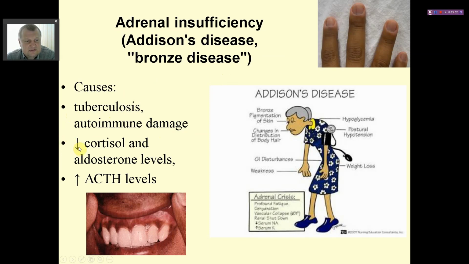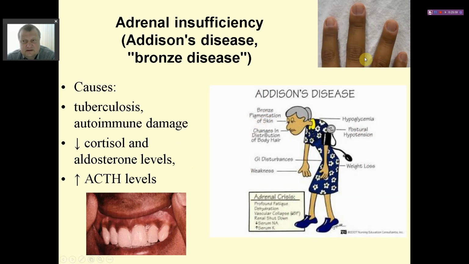Also, the decreasing amount of cortisol and aldosterone, and increasing level of adrenocorticotropic hormone. And there are some symptoms this figure illustrates of this disease. And the main of them is the bronze pigmentation of skin.